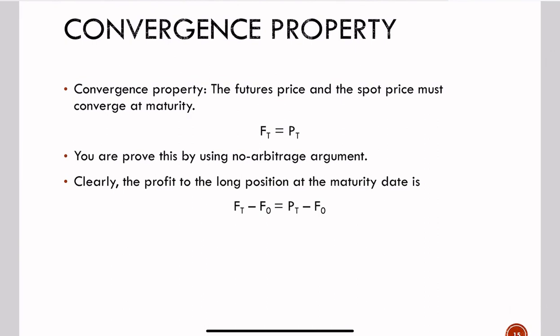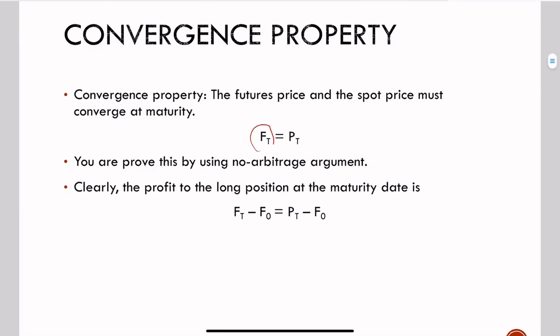Okay, next, convergence property. This is the result which tells you that on the delivery date, the futures price and the spot price must converge. That is, FT, the futures price on the delivery date, has to be equal to PT, the spot price on the delivery date.